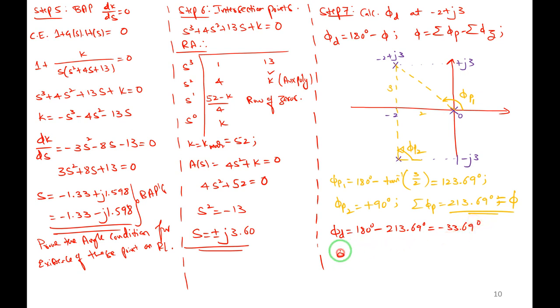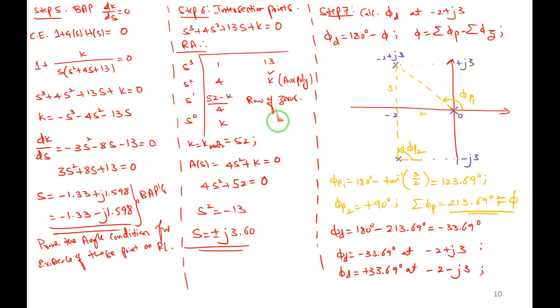So this is the angle of departure phi d, minus 33.69 degrees at the point minus 2 plus j3. The angle of departure at the other point, minus 2 minus j3, is exactly opposite, plus 33.69 degrees. We have found that. Next, step 8.